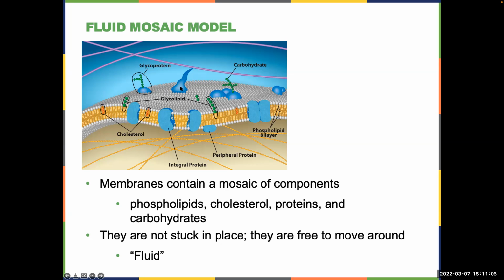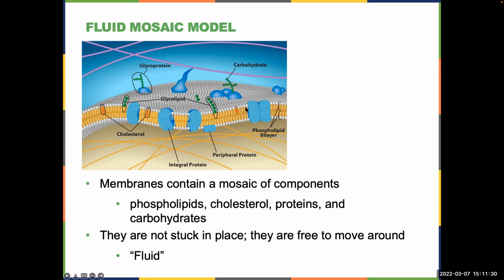And then here's another protein here, right? All the proteins in this image are shown in blue. Some of them are on the surface, some of them span. All these different types of proteins and other molecules that are embedded into the membrane typically can move around.